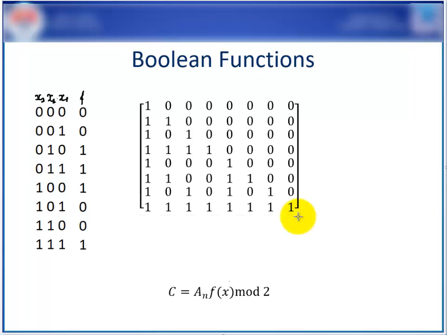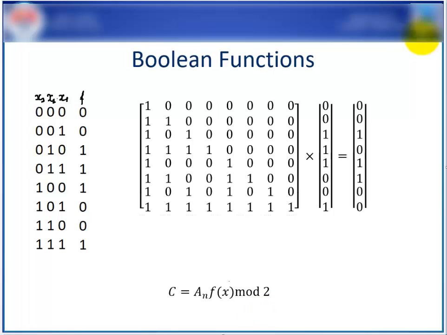The only thing we need to do now is multiply it by this vector of the truth table. The obtained result of this multiplication we are going to reduce modulo 2 as it is shown in the formula, which gives us this vector of coefficients.